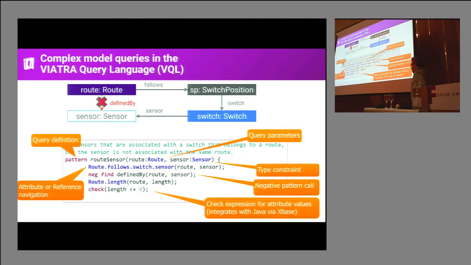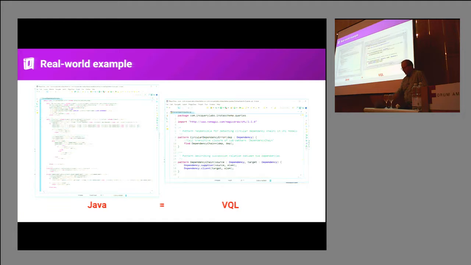This language has very strong ties to the Java type system as well. So you can not only include structural steps here, but also use existing Java code. And for this purpose, we heavily rely on a really nice feature of Xtext, which is called XBase, which is an expression language. In the real world, what we see with VQL typically looks something like this.